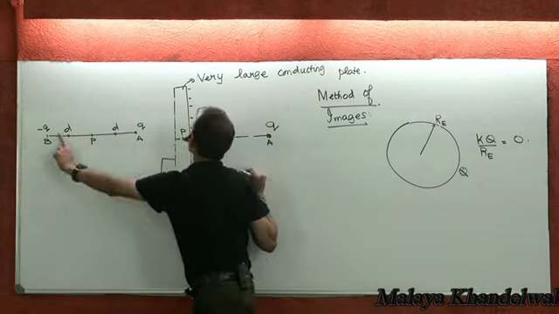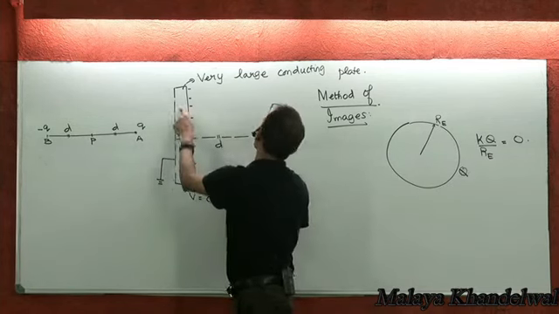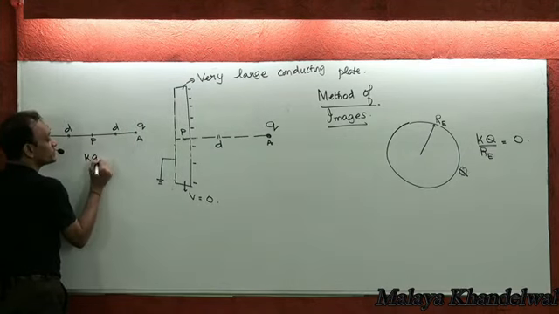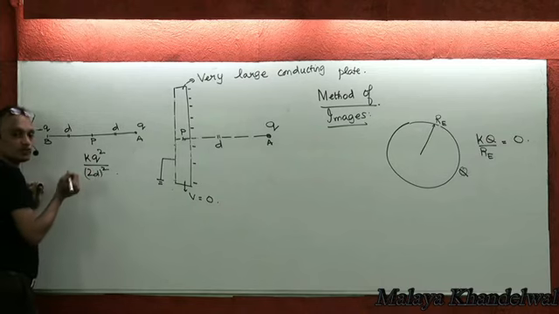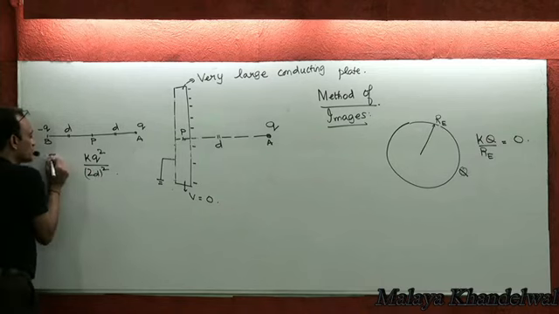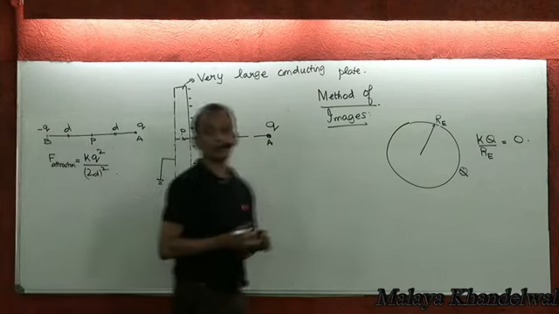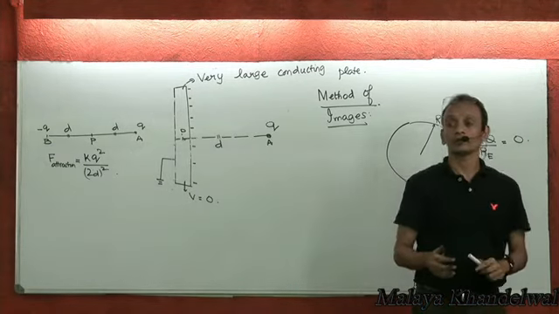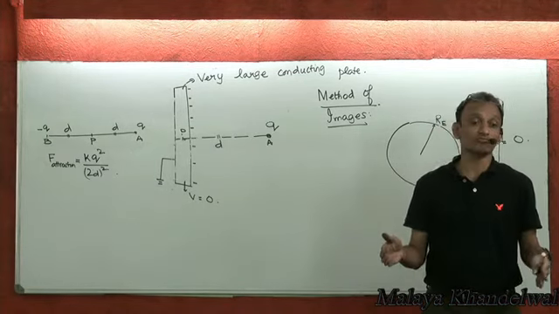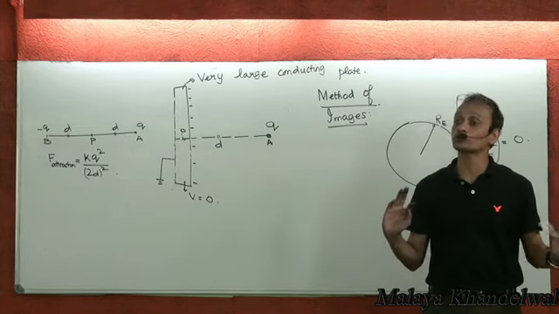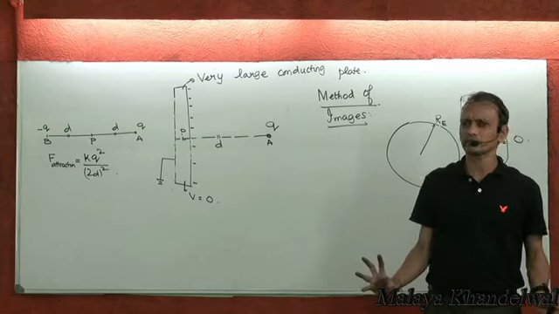The force between these two charges would be the force of attraction between the plate and q, and that's going to be k q squared by (2d) whole square. That's the force between these two charges. This is the force of attraction also between the plate and the charge q. The grounded plate and the charge q will have a force which is the same as the force between the charge q and its mirror image about the plate. This is called the method of images.